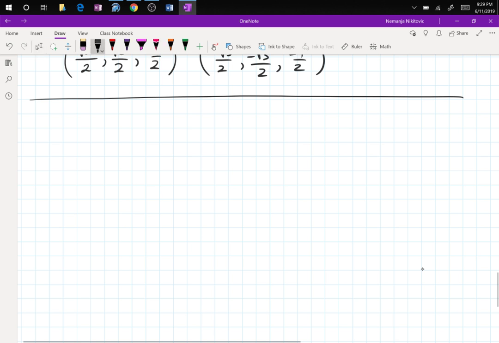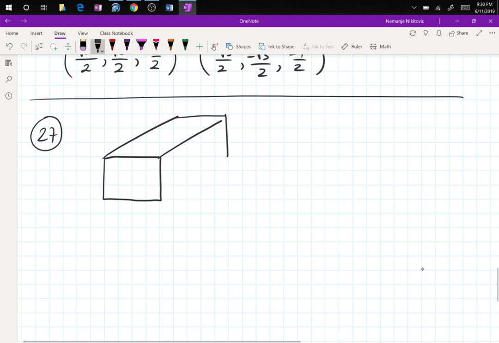Anyway, shipping regulations 27. A shipping company requires that the sum of the length plus the girth of the rectangular box do not exceed 108 centimeters. So we have a box that is going to be shipped into the world.